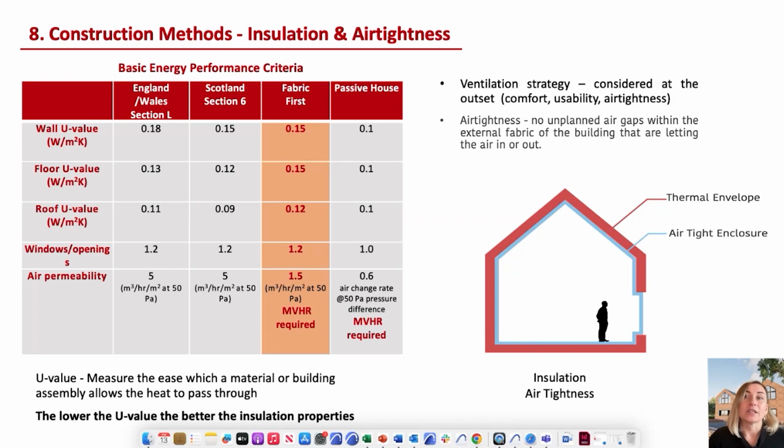It's quite surprising how much heat escapes through little gaps. That's why you can see that difference in the air permeability, the air changes, with the passive house being 0.6, where the current building regs are showing it at 5.